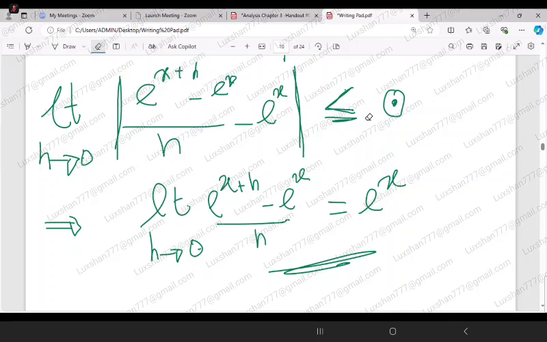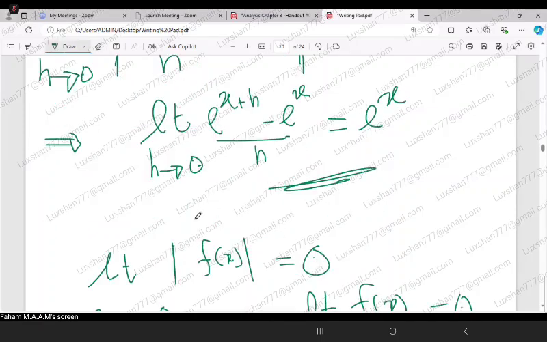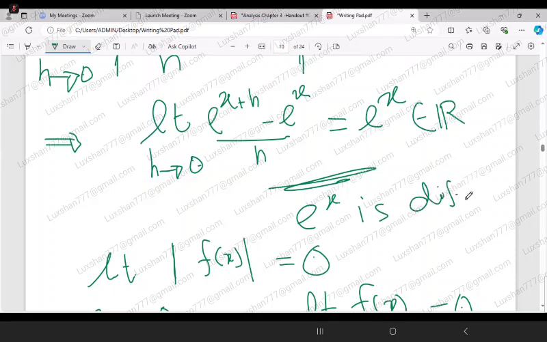So using the sandwich theorem, this goes to 0. Therefore, e to the power x plus h minus e to the power x over h must be equal to e to the power x. Therefore, we can say that e to the power x is differentiable for all x belonging to R.